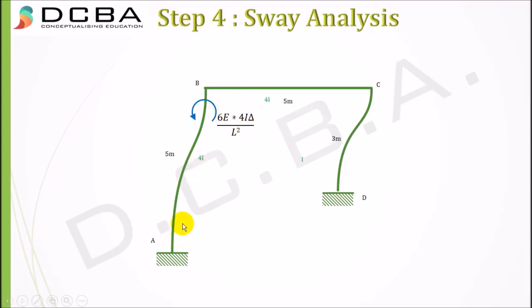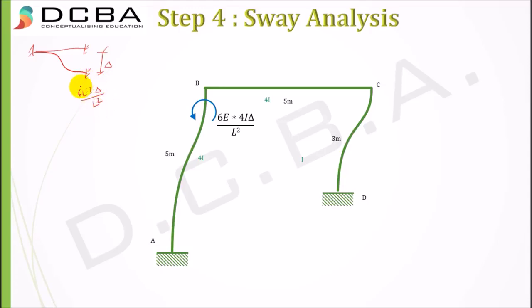Basically, suppose this is a fixed beam, and if this support settles down by an amount of delta, then the reactive moments that are formed at the ends are of magnitude 6EI delta by L square.